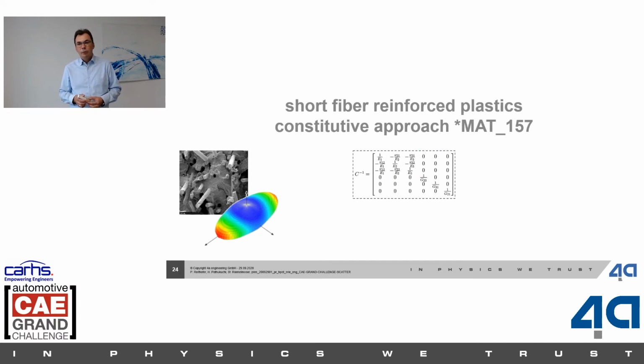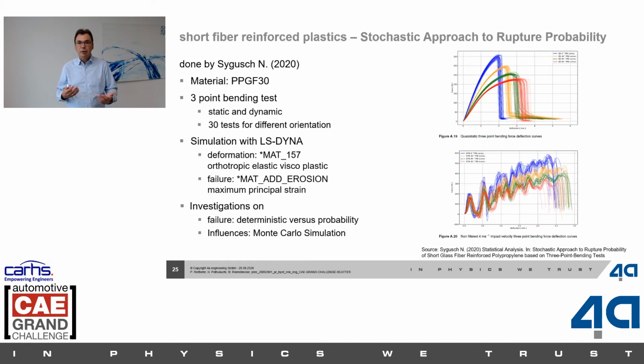Now I would like to go to more sophisticated work. This was done by Nicolas Sügursch. He was focusing on short fiber reinforced plastics, and he used a stochastic approach for simulating it. Mainly he did lots of tests on a polypropylene with 30% glass fiber filling.